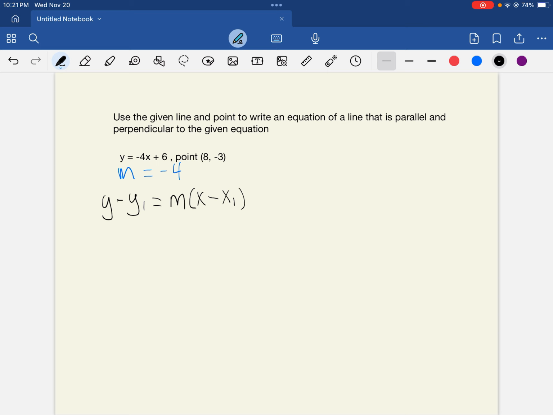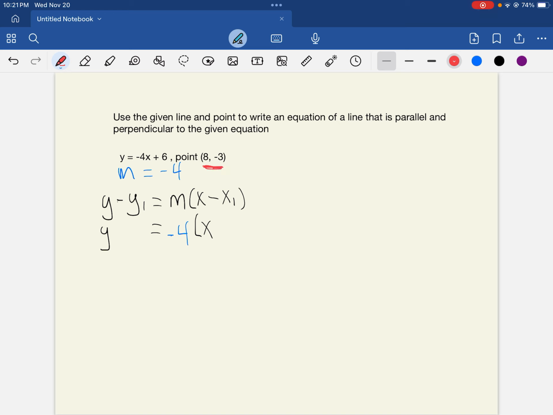So if I'm writing a parallel equation, I know my slope is going to be negative 4, and the point that I am going to use is the one my problem wants me to. So I'm going to use this point 8, negative 3.